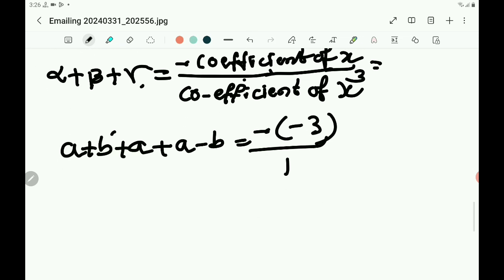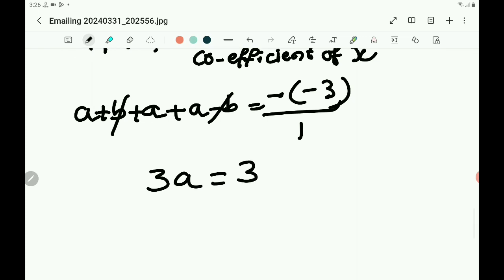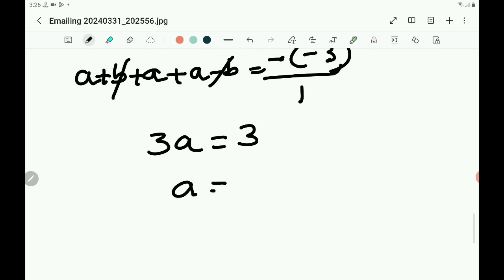Here b and minus b cancel, a plus a plus a becomes 3a equals 3, you got. Then the value of a is equal to 3 by 3, which is equal to 1.